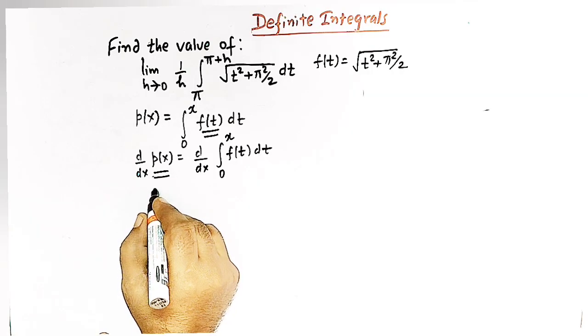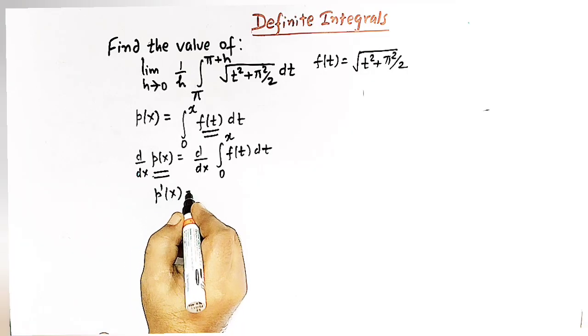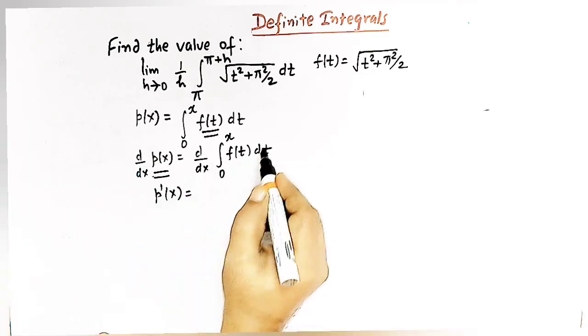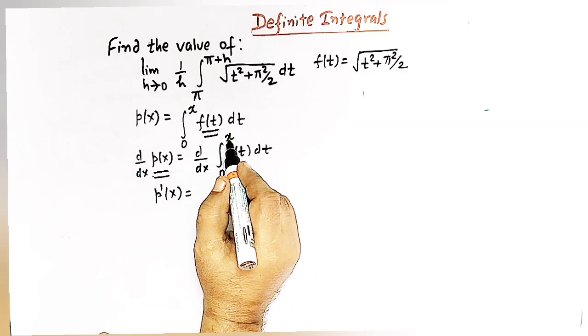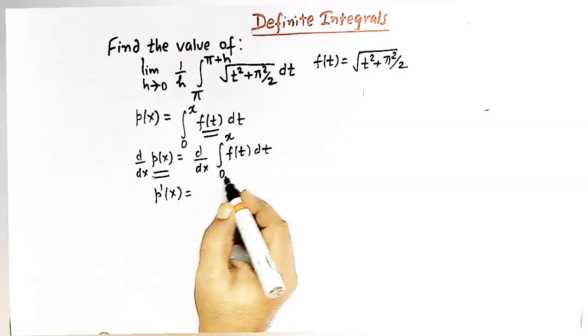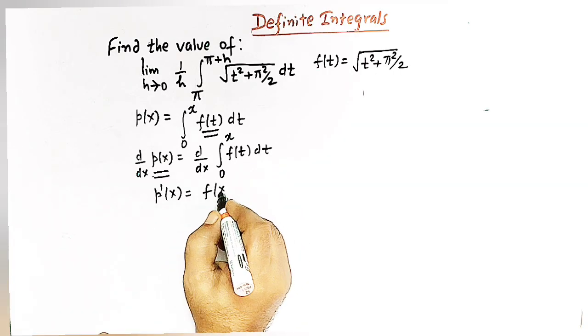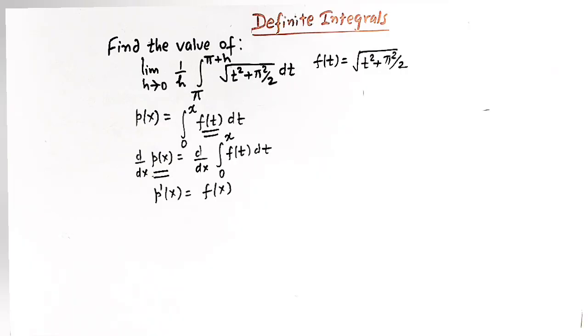So this is P prime of x, and here the derivative of this integral, where the upper limit is a function of x, is equal to simply f of x due to the fundamental theorem of integral calculus.